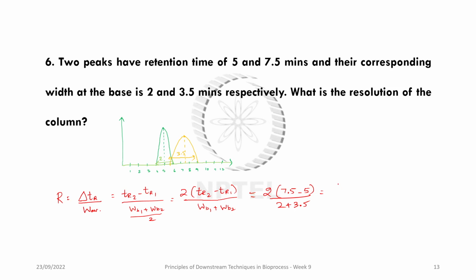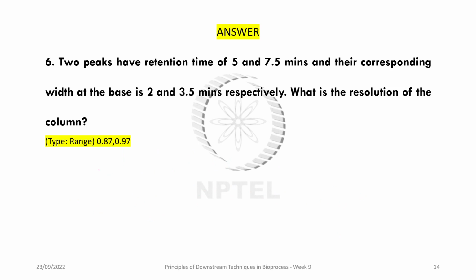So 7.5 minus 5 will be 2.5 into 2 is 5 divided by 5.5, correct? 0.9, not 9, I'm going to go with 0.91. Okay, so this is your resolution. Let's check. Yes, so the answer that we have is 0.91.